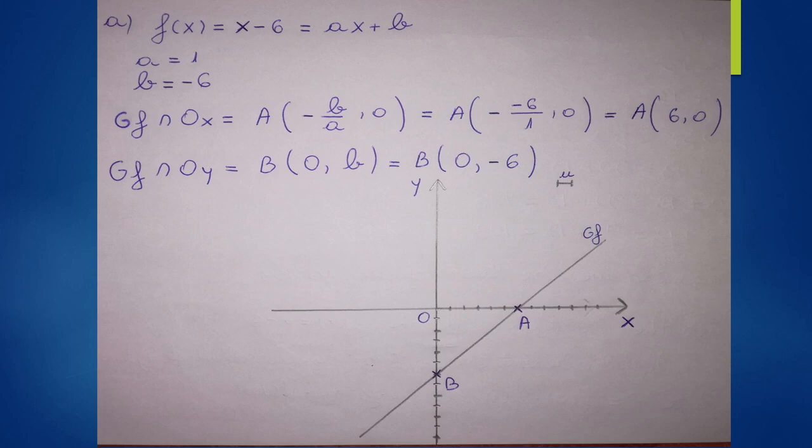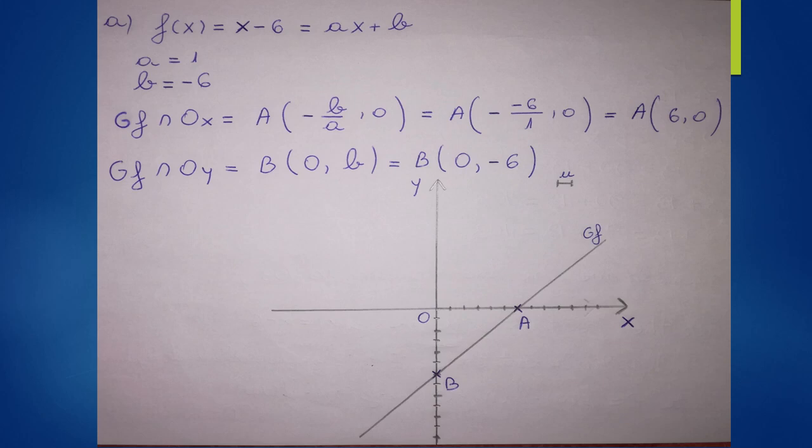So A has the coordinates minus 6 over 1 and 0. So A has the coordinates 6 and 0. The intersection point with the OY axis is point B of coordinates 0 and b, so it is point B of coordinates 0 and minus 6.